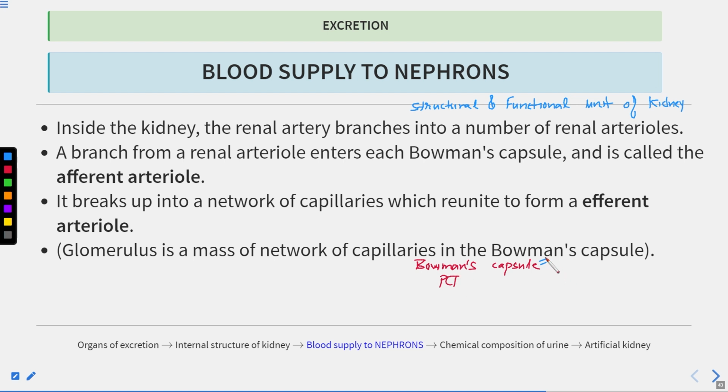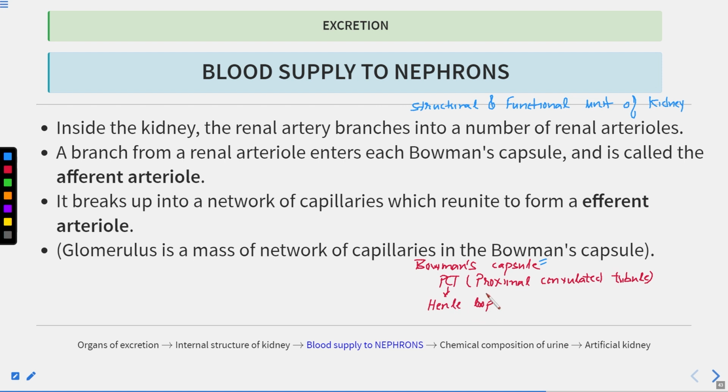Filtration takes place within the Bowman's capsule, and the Bowman's capsule leads into the proximal convoluted tubule. Clear? Then the proximal convoluted tubule further leads into the loop of Henle.